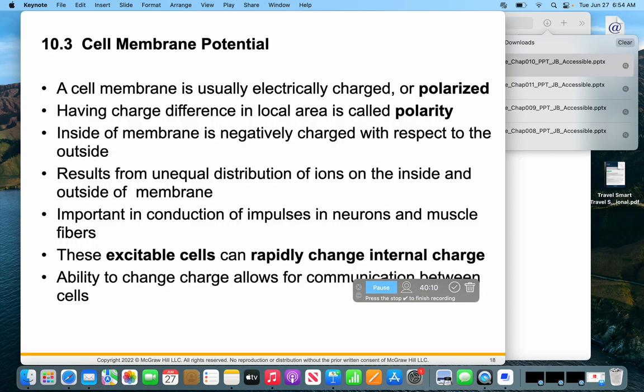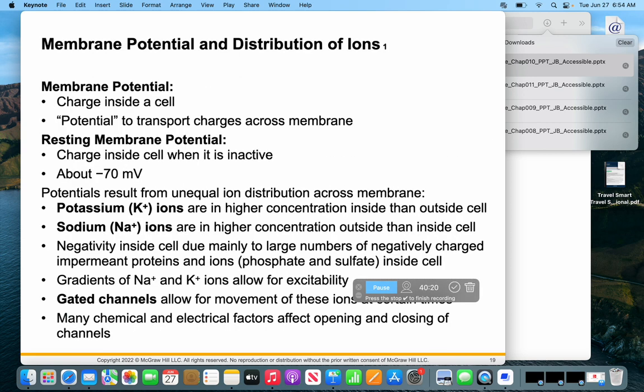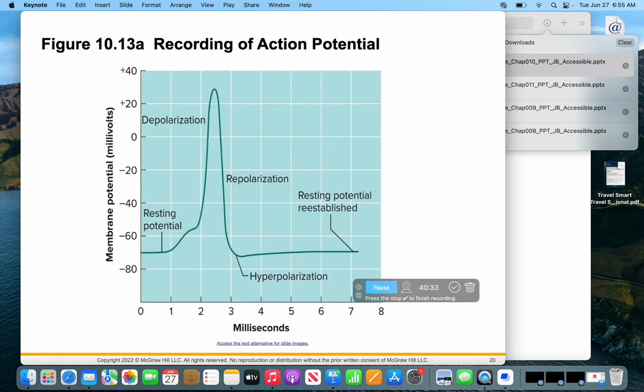We talked about action potentials more and how the cell membrane is polarized, meaning it is negatively charged on the inside and positively charged on the outside. This is mainly due to the sodium-potassium pump and this uneven concentration of these ions. So at rest, the membrane is charged at about negative 70 millivolts.